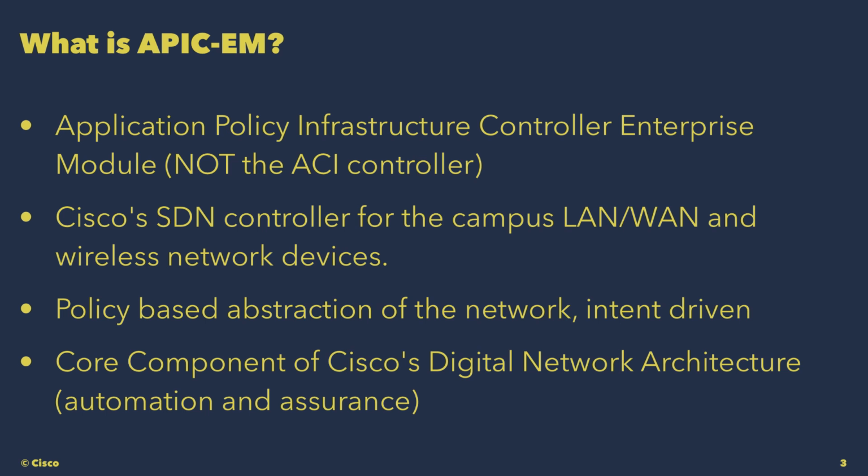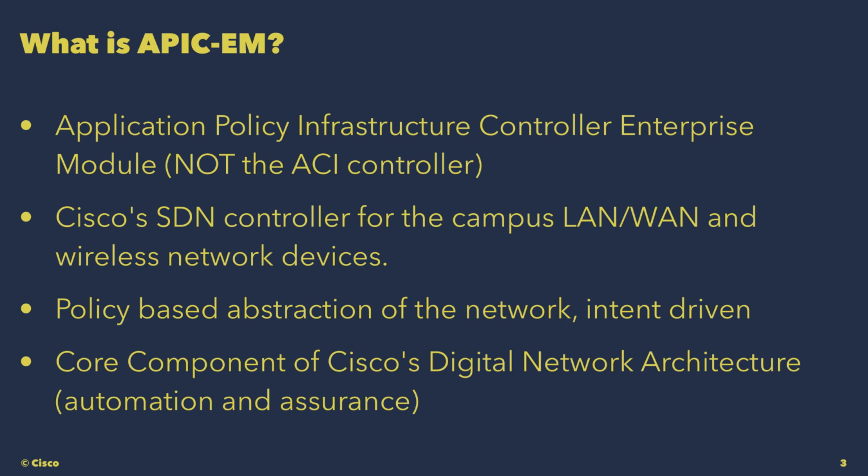And then we have APIC for the data center, which is also sometimes known as ACI, or application-centric infrastructure. So I just wanted to make clear the delineation between the two APIC controllers. Cisco's SDN controller for the campus, LAN, WAN, and wireless network devices, as we stated before.